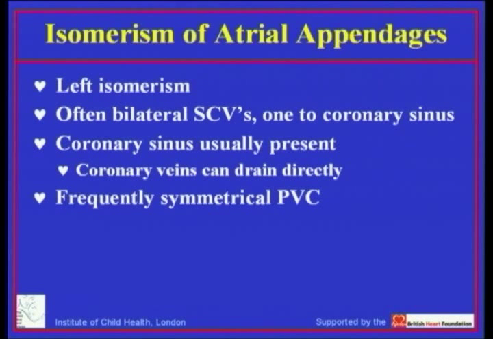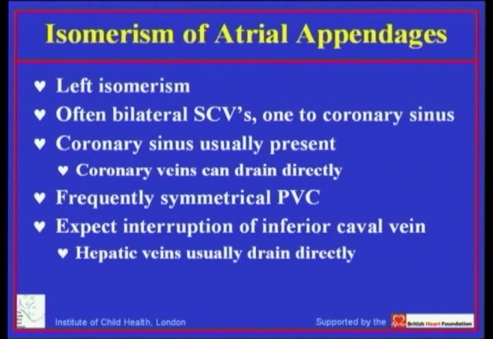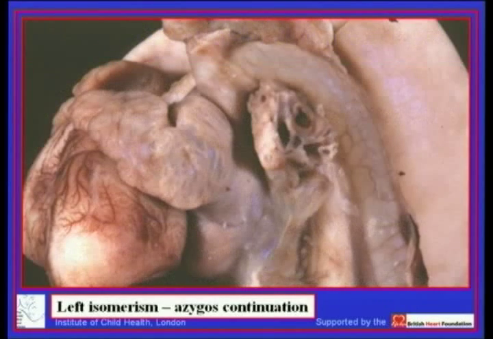The pulmonary veins also can drain back to the heart, since the pulmonary veins are also morphologically left, and oftentimes they are symmetric, two draining to each side. The expected anomaly in this instance is interruption of the inferior caval vein, either with direct drainage of the hepatic veins or a diaphragmatic confluence.